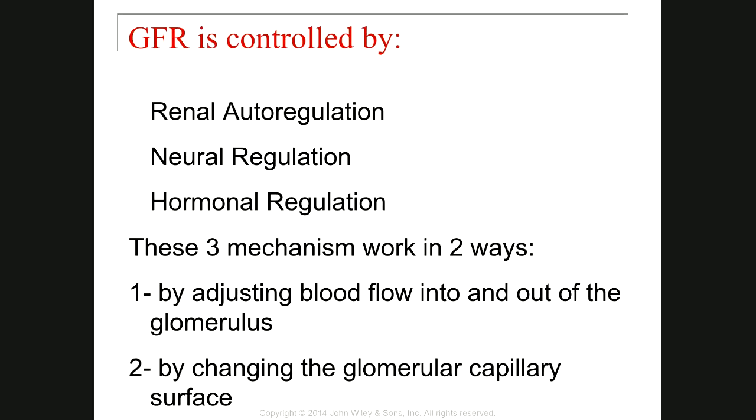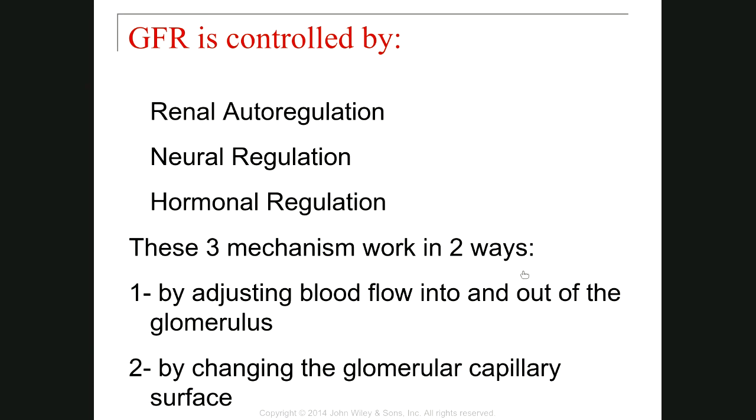The glomerular filtration rate is controlled by three different mechanisms. One is called renal autoregulation, one is called neural regulation, and the other is called hormonal regulation. All of these three mechanisms work together in two ways.